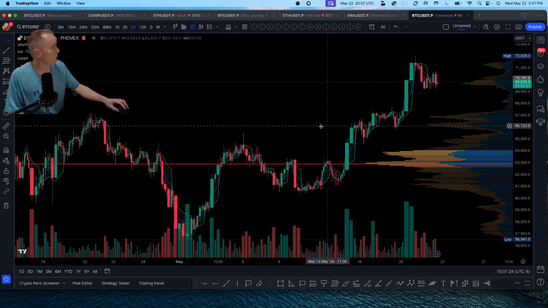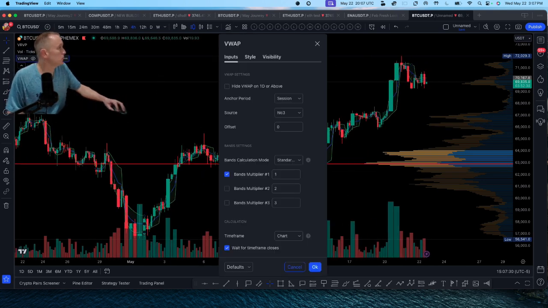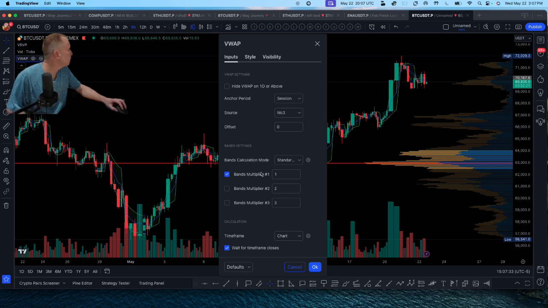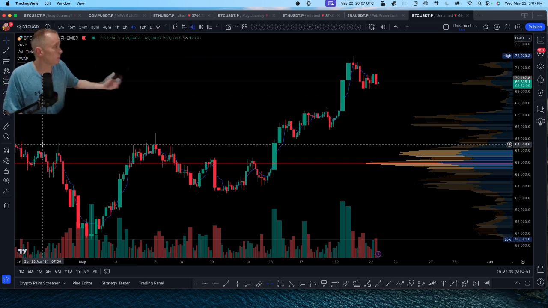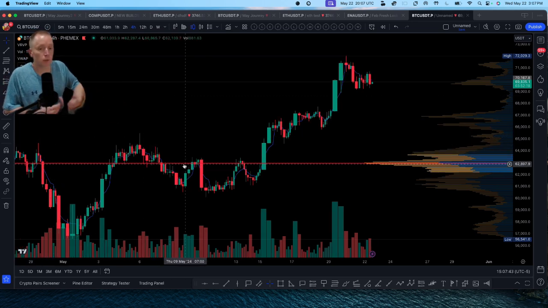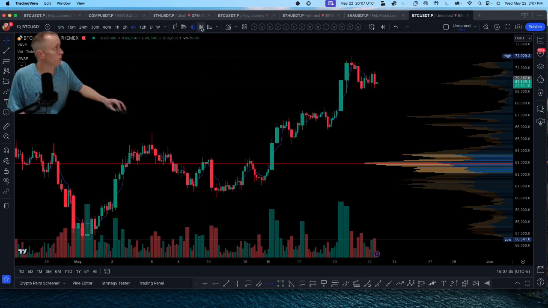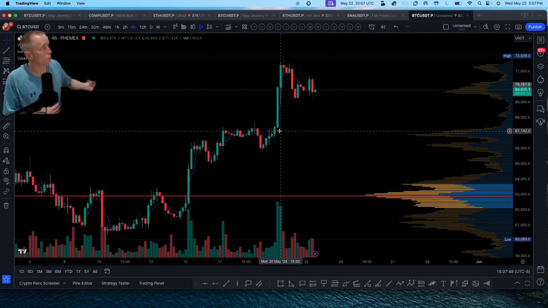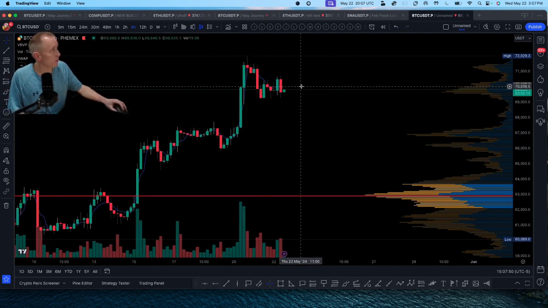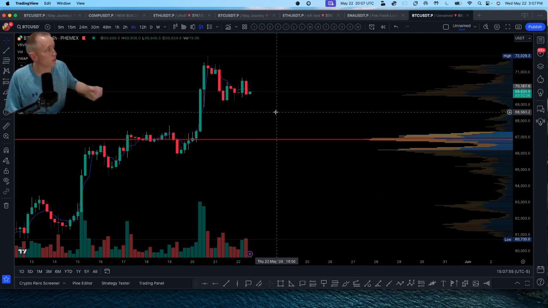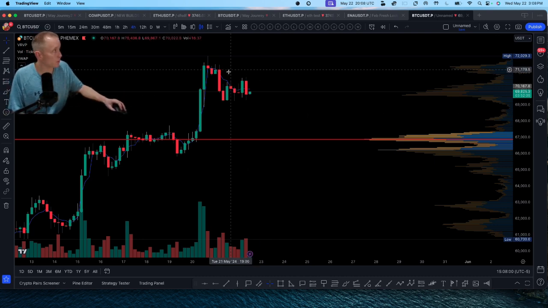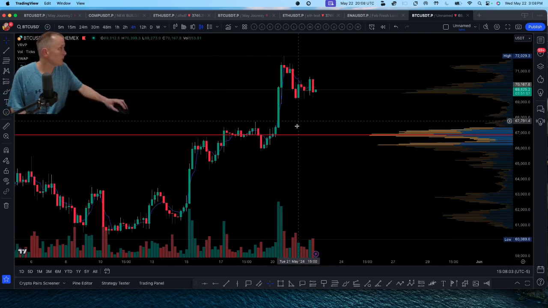Now that I've turned on the built-in standard vWAP, this is an example of what it looks like and what it gives us on a 4-hour time frame. You can see that we are now trading below, so in this example it's going to act as resistance for the time being until price is above it.